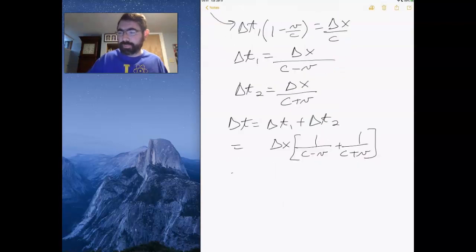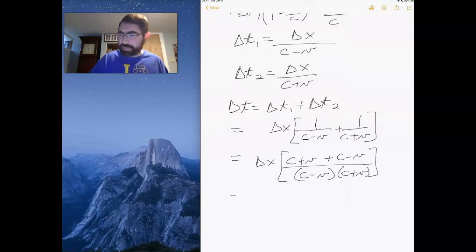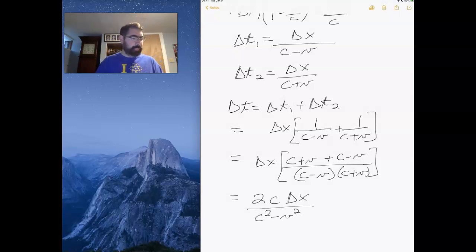We can do a little bit of algebra, and what we get is c plus v plus c minus v over c minus v times c plus v, like so, and I get 2c delta x over c squared minus v squared.